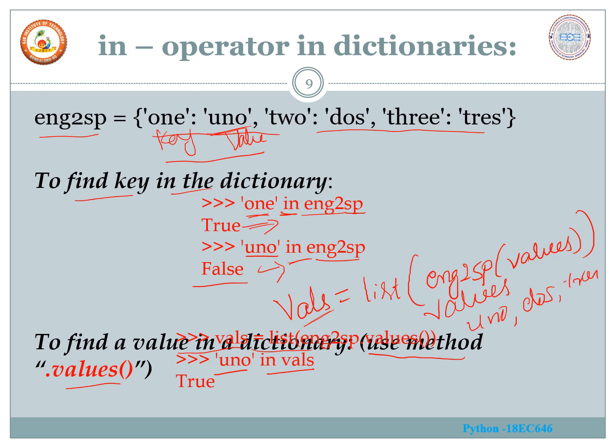So when you check using the in operator, uno in vals, definitely it is going to return a true value, since in is a Boolean operator which results in either true or false. And to see whether something appears as a value in the dictionary, you can use this method called values.